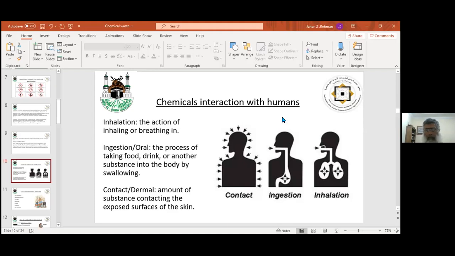The third thing is contact. As I told you, if nitric acid touches your skin, it produces irritation, because it goes into the skin and reacts with the protein in the skin. In this way, every chemical can interact or react with the human skin, which is known as dermal exposure.